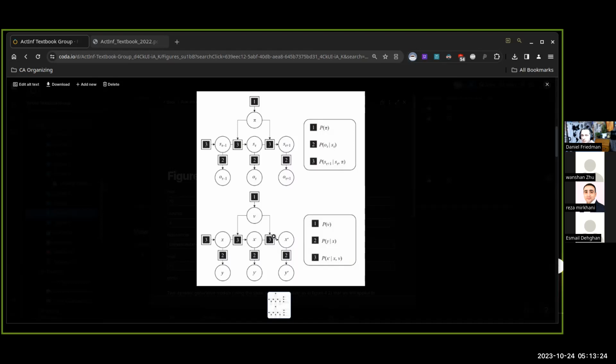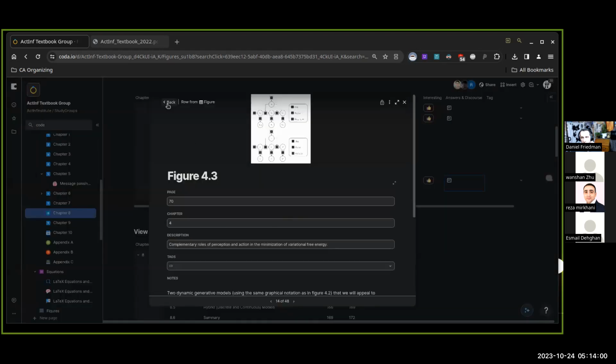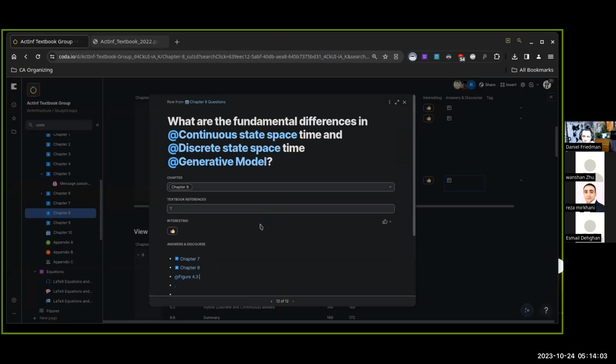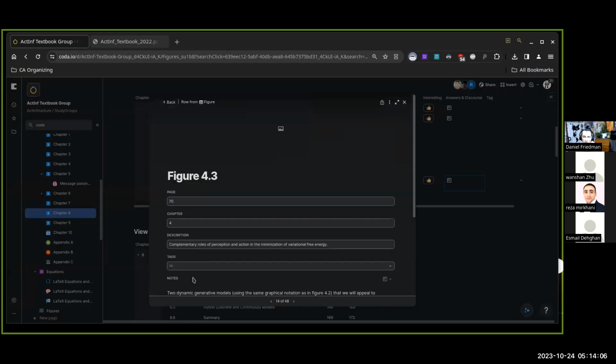That doesn't mean it's the best way, but it's definitely a good point that you're raising, which is that the treatment of time has a very strong bearing on the semantics of the generative model, whereas whether a given variable, like an observation or a hidden state, is itself continuous or discrete is a little bit of a smaller difference. This figure 4.3. Okay.